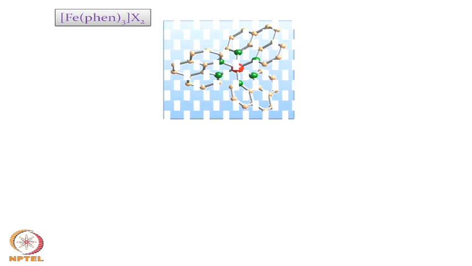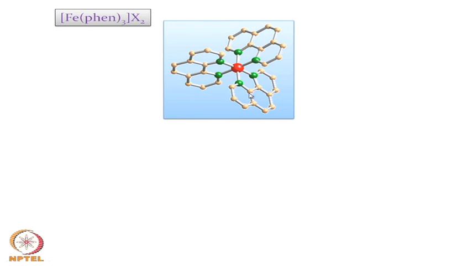So, we simply take the tris phenanthroline compound. It is a very useful compound. We will find this compound in optical spectroscopy also. When 3 phenanthroline ligands are attached to the iron site in the ferrous state, we get a compound like this. We have the octahedral center, which nicely provides the tris chelate, and it is in the ferrous state.